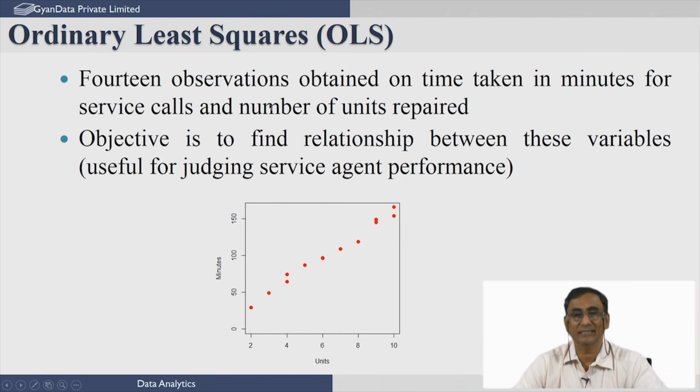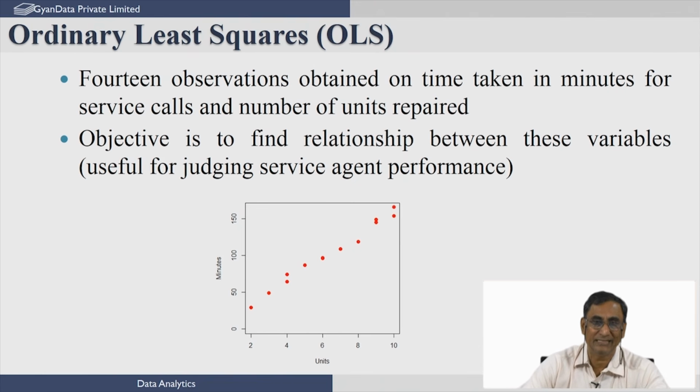From this, the question that we want to answer is: given this data, suppose an agent gives you data, you monitor him for a week or month on how much time he is spending and how many units he is repairing every day, and you want to judge the performance of the service agent, in order to reward or appropriately improve his productivity.